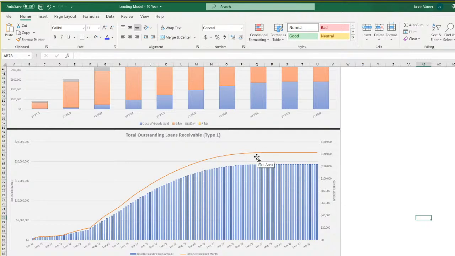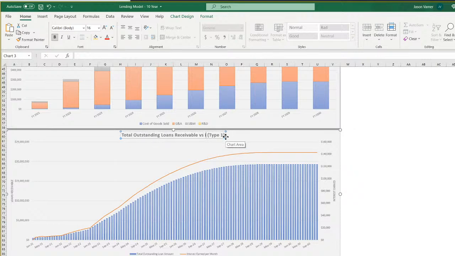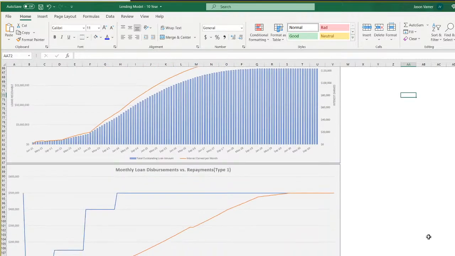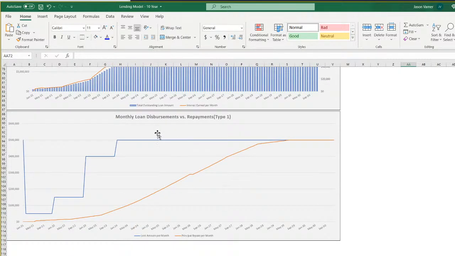Now the consolidated basis is going to be cool because that is all 3 loan types combined in the full effect. So that's going to be interesting to see. So this is total outstanding loans receivable versus interest earned. Okay, I really like this. Now this one, monthly loan disbursements versus repayments. So this is money going out, money coming in.